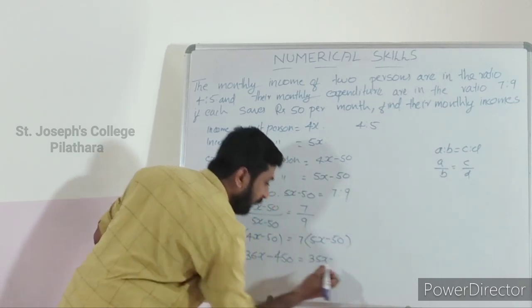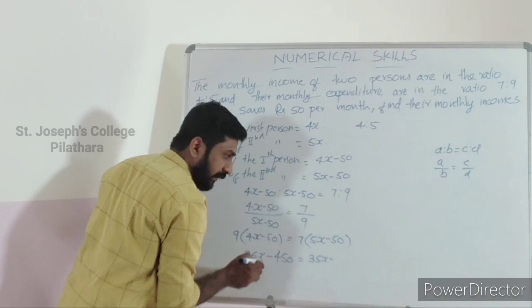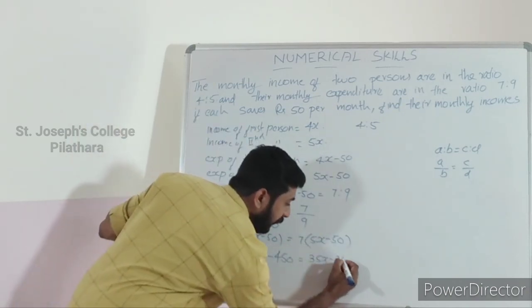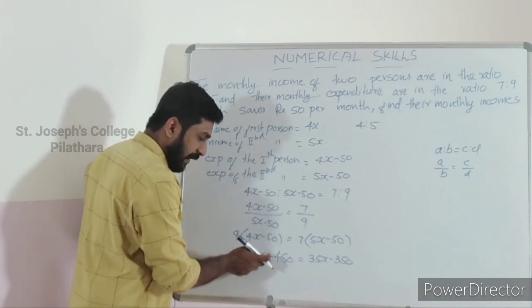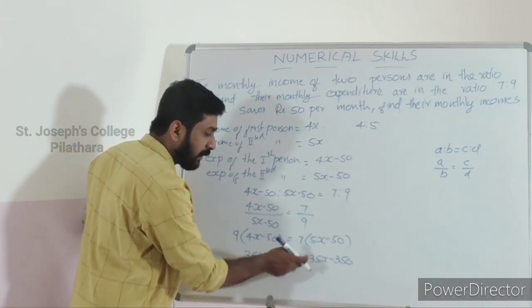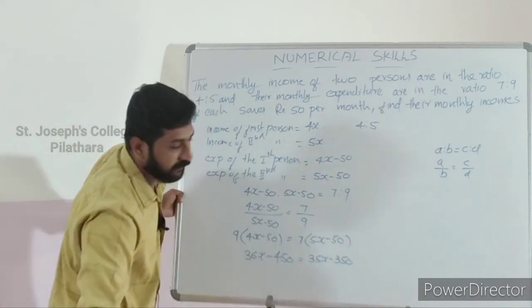Put the minus here. 7 into 5, 35, so it will be 350. So we got 36x minus 450 is equal to 35x minus 350.